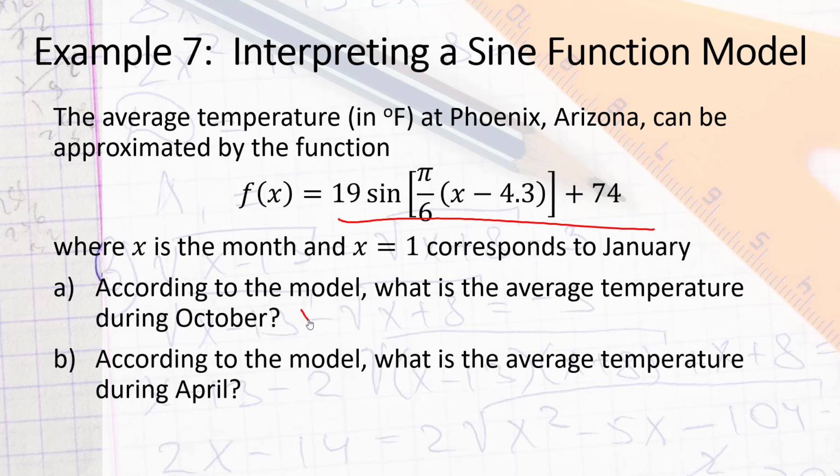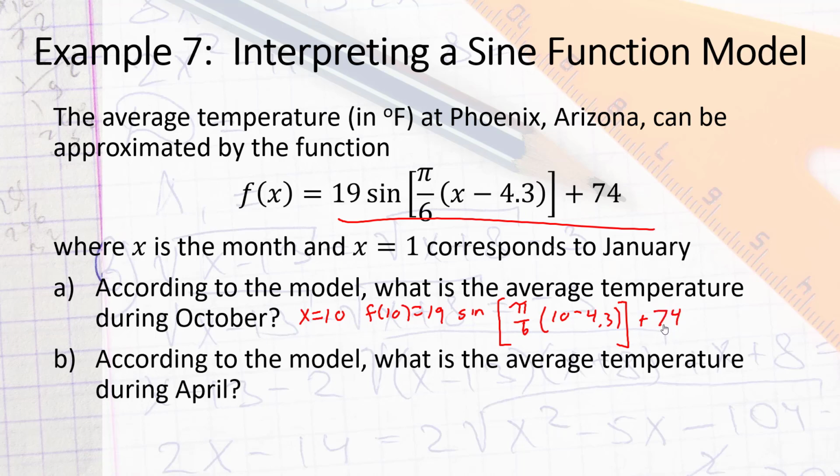So we have that x is equal to 10. As a consequence, f of 10 is going to be equal to 19 times the sine of pi over 6 times 10 minus 4.3, and once you evaluate all that, we're going to add 74 to it.